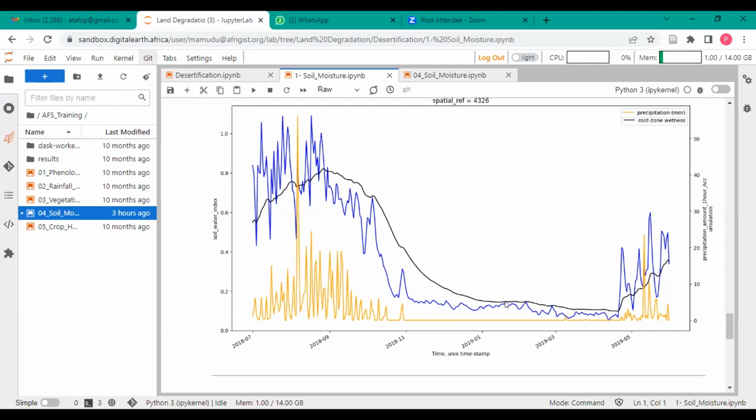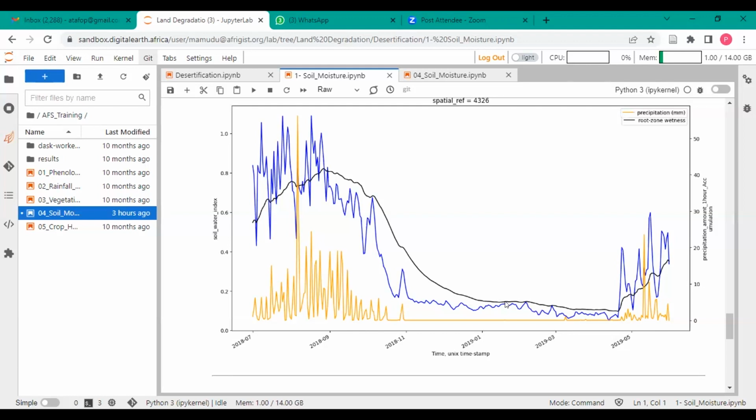It could give us some indications of possibly irrigation going on in that area, or use of manual systems of wetting the soil to ensure that some crop life can still continue.